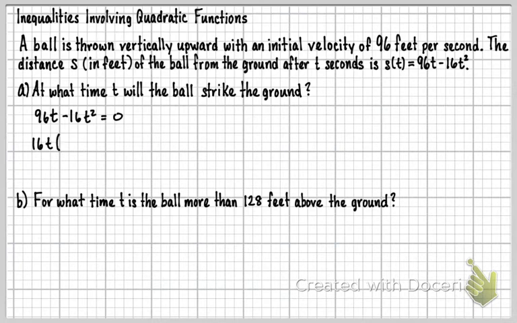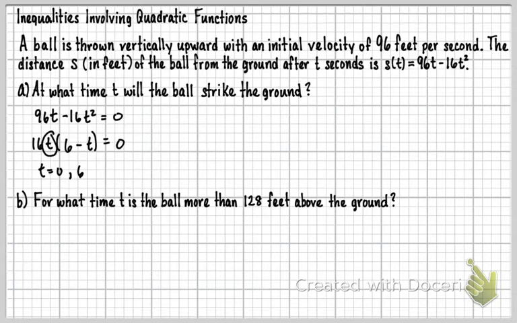And that will leave us with 6 inside here, because I pulled the t, and that would be minus t equals 0. And from here, that tells me to solve this, t would equal 0 or t would equal 6. And again, I'm just looking at what I can plug in here to make it 0.